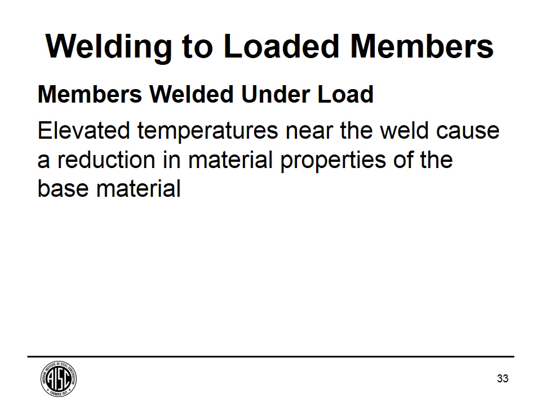Okay, now let's move on to the next topic in welds, and that's going to be welding to loaded members. We briefly touched on this just kind of as a warning in part 1, but I want to expand on it here.